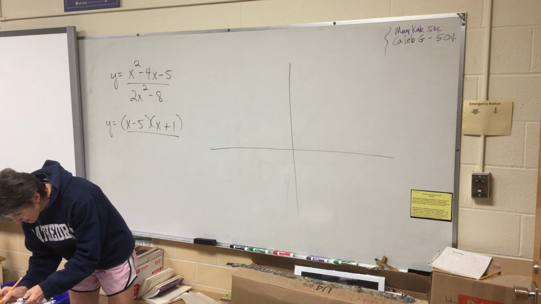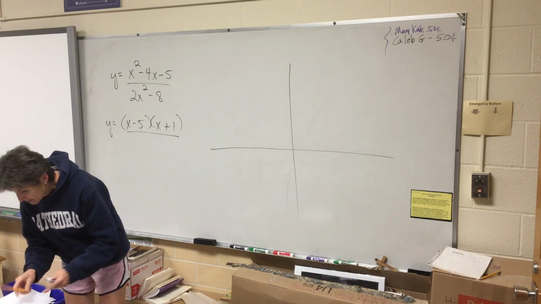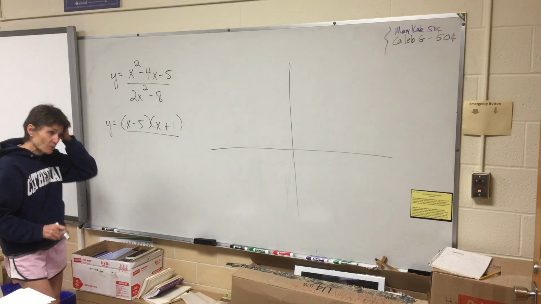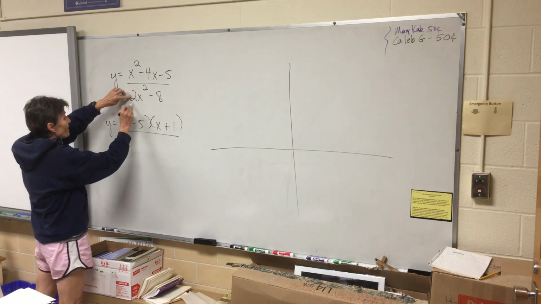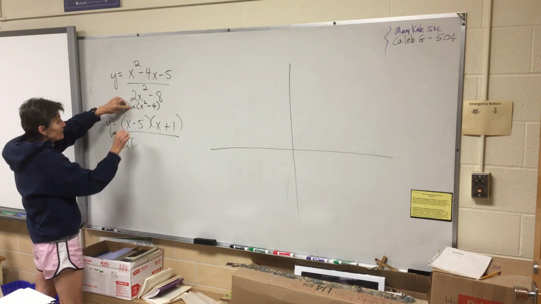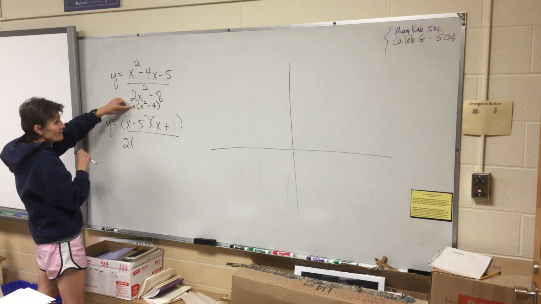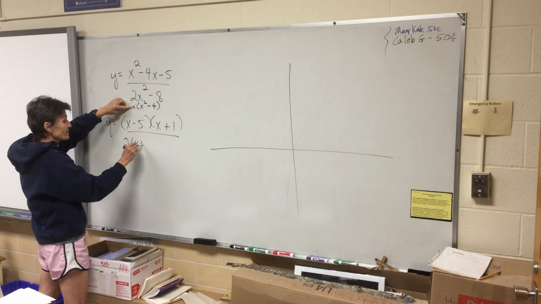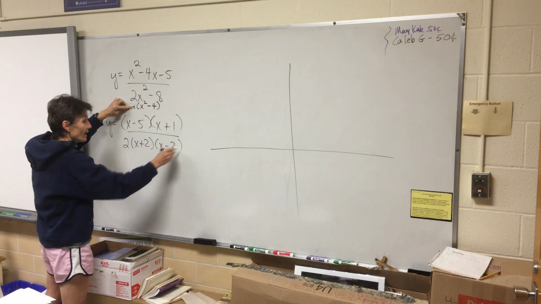You take out a 2. Yes. And you get x minus 2 and x plus 2. So the first thing we're going to do is pull a 2 out of that. And when we pull a 2 out, it leaves us with x squared minus 4, which, as she said, is x plus 2, x minus 2.